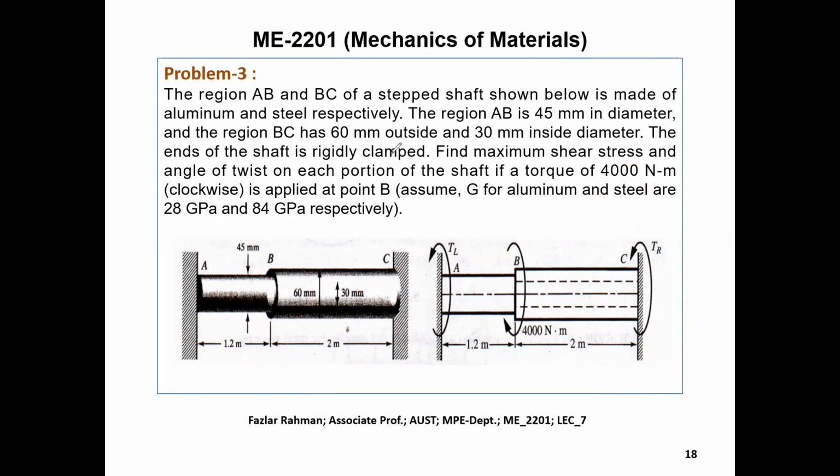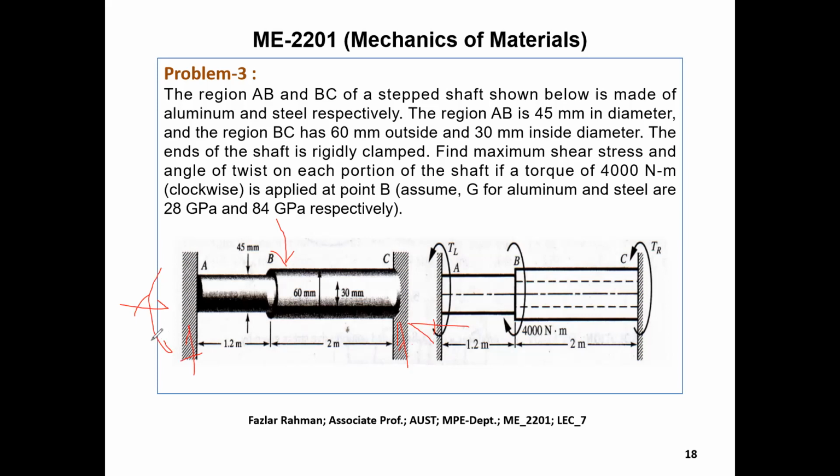Now you see, it works like a beam. If you apply a load on a beam over here, there will be reactions at both ends, right? Since this is a fixed support, there will be two reactions and there will be moment, right?